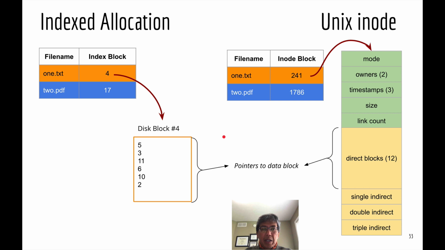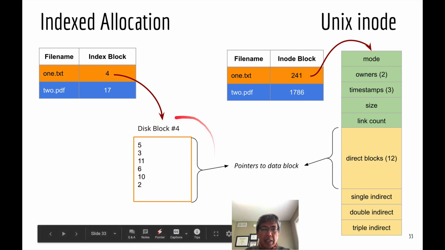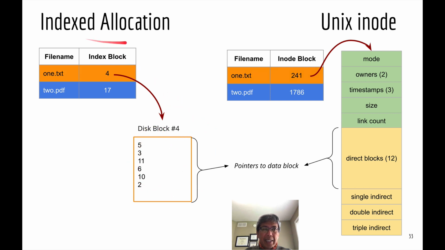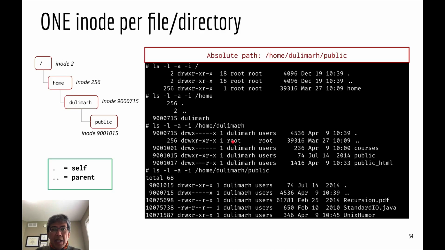Now, if you compare the theoretical index block as we learned in index allocation with the Unix inode, the direct pointers are basically similar to the index block, where they both hold pointers to your data blocks. It is important to understand that in the Unix file system, one inode is allocated per file or directory.